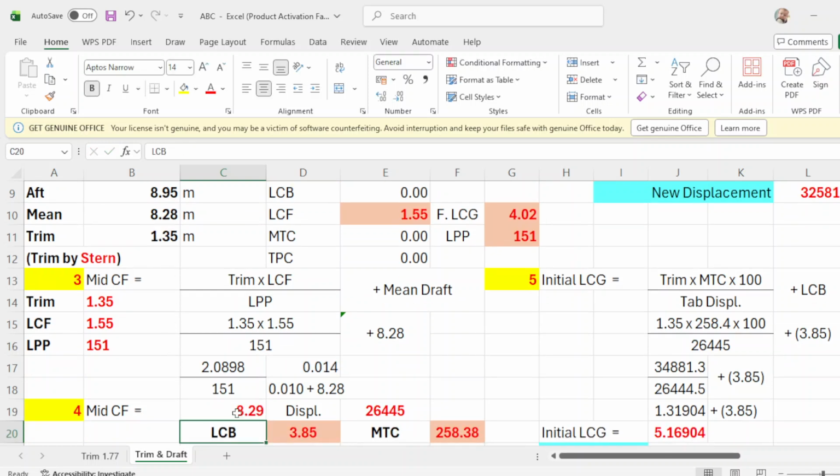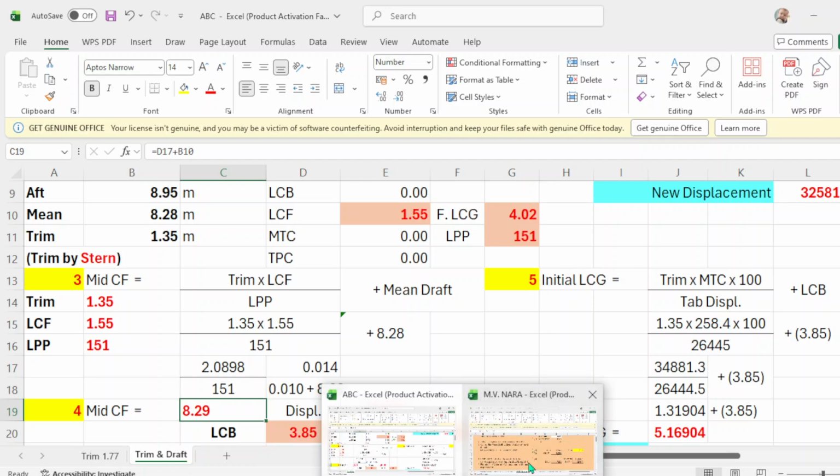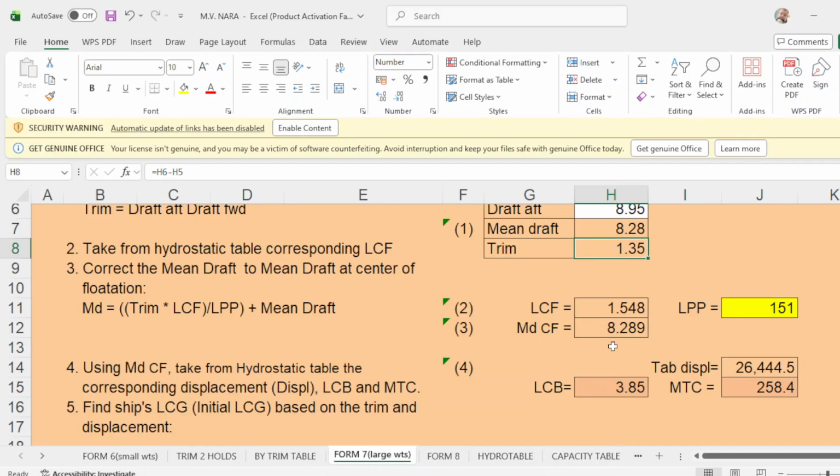That will be 8.29, the mean draft at center of rotation. And what the program shows here is 8.2810. I've already run it.